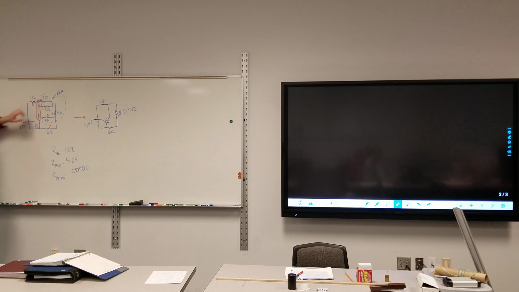So I have a junction here, I have a junction here. This junction is connected to the 7 ohms. This junction is connected to the 6 ohms.